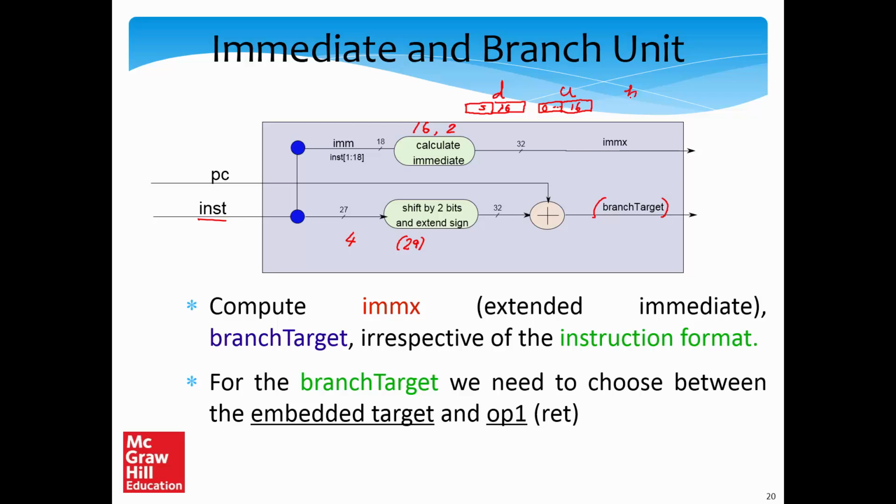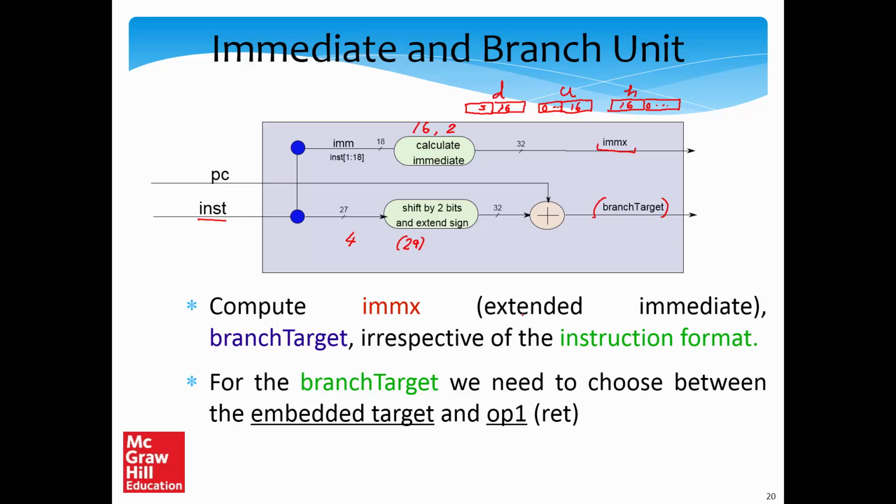If it's the H modifier, we write the 16 bits in the upper 2 positions, and in the lower 2 bytes we write zeros. In this way we create a 32-bit constant by extending the immediate, and we call it imx. These fields are computed for all instructions, and might contain junk in the case of some instructions.